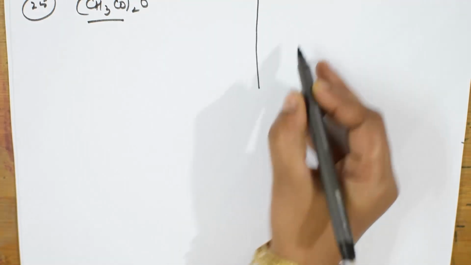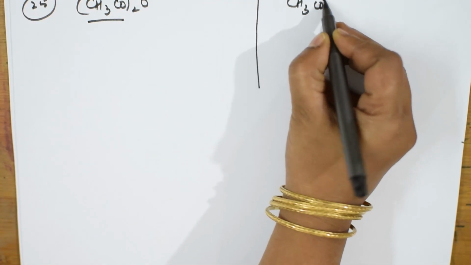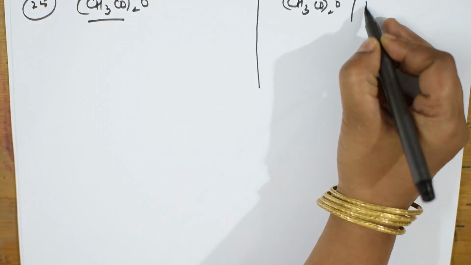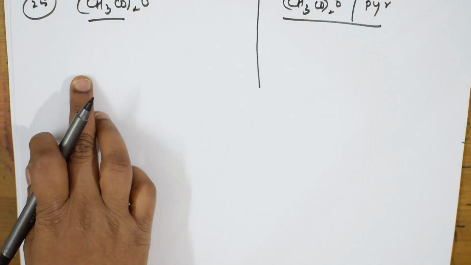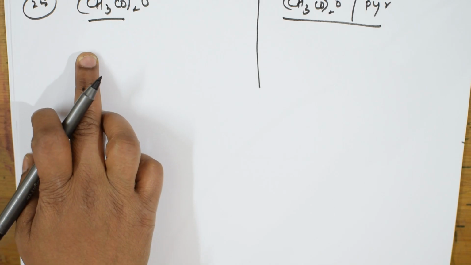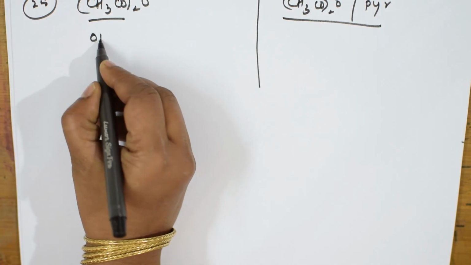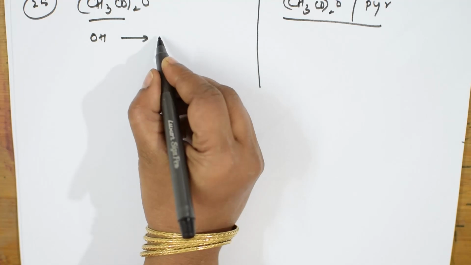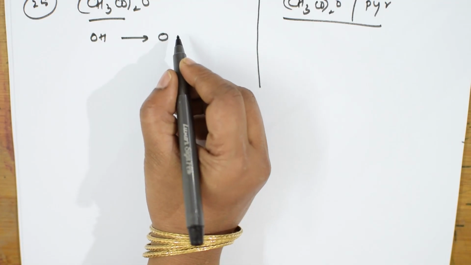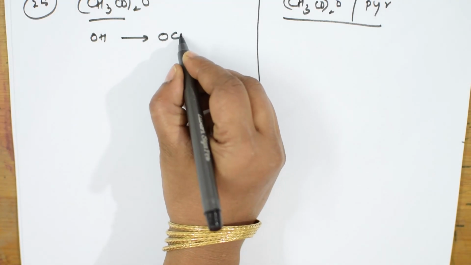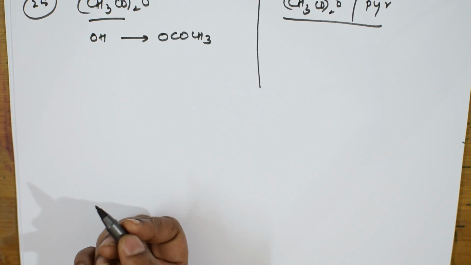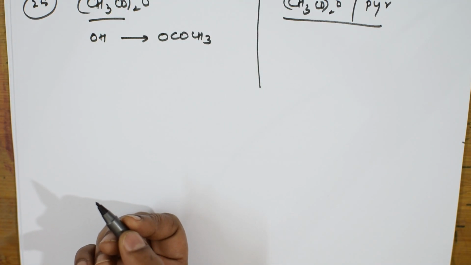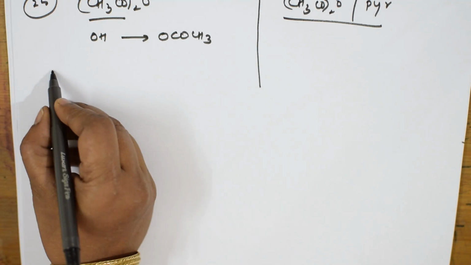Same thing if you find acetic anhydride in the presence of pyridine, let's see the product. If acetic anhydride is there, this is going to convert the phenolic group, the functional group, means the phenolic group is replaced by OCOCH3. Done? Let's see the reaction.